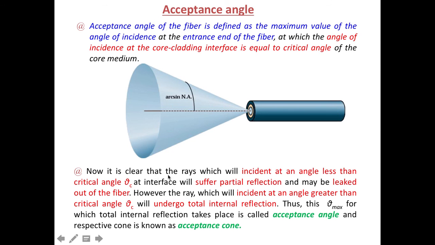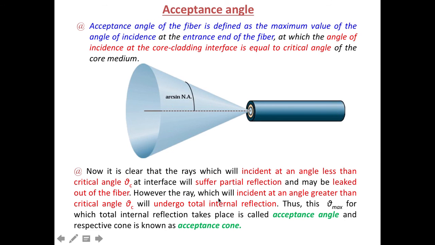Now we know that the ray which is incident at an angle less than the critical angle theta c at the interface will suffer partial reflection. It will not be total internal reflection but partial reflection, and it may leak out of the fiber, and the light ray will decay.